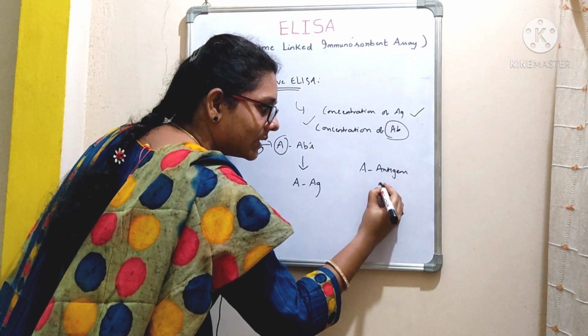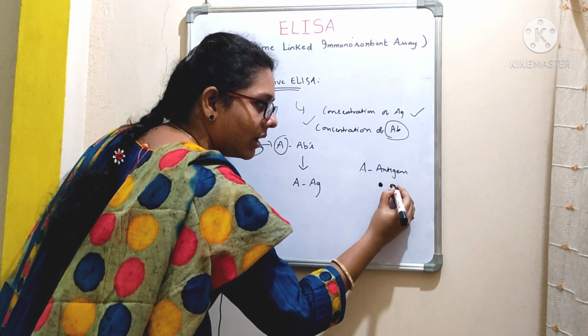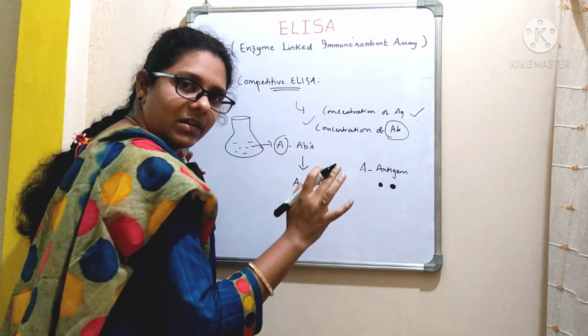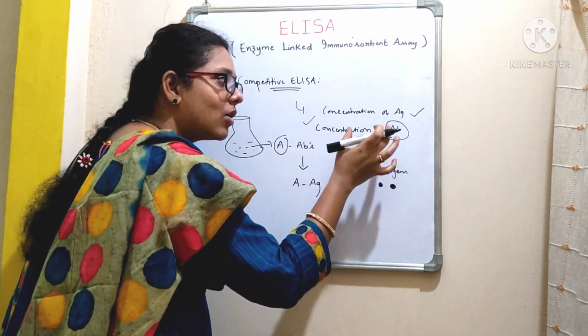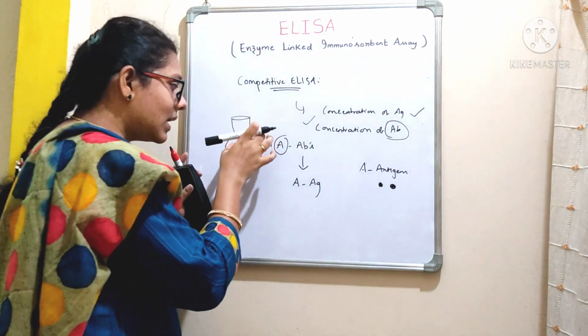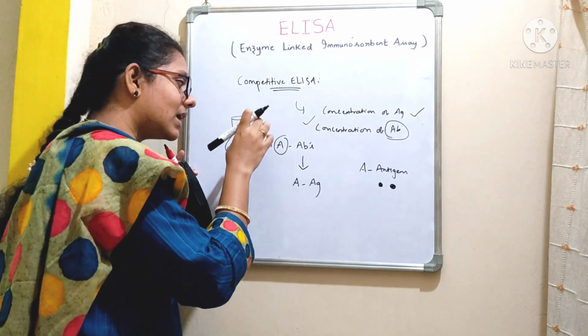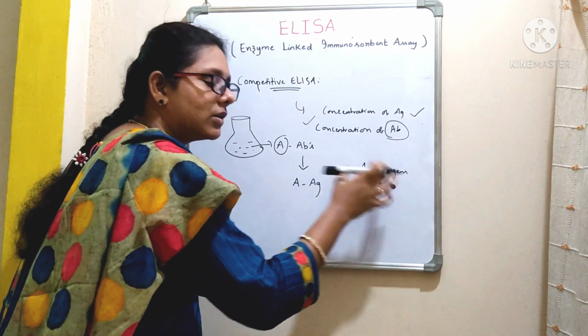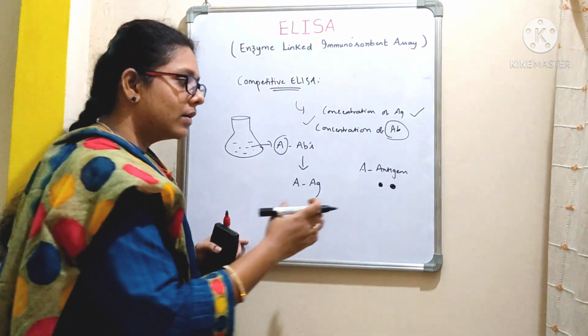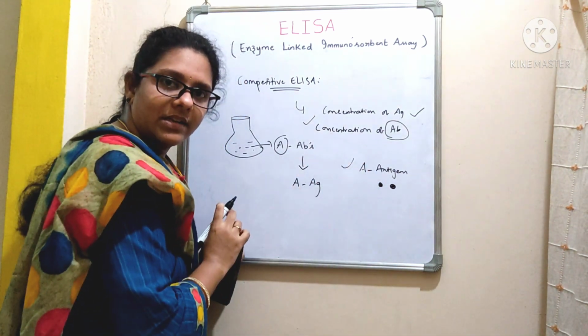Suppose these are the antigens, and our intention is to detect the concentration of antibodies present in this sera of a patient, and this sera contains A antibodies that are specific to A antigen. We need these A antigens.